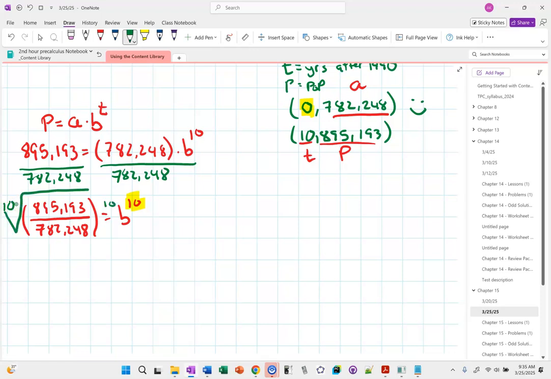Now, we do need to be a little bit careful, though, because this is an even root. What do we also need to create when we do this to both sides? Gives you a plus or minus.